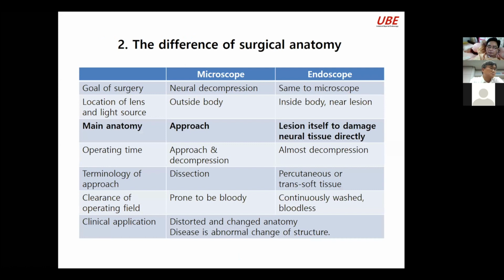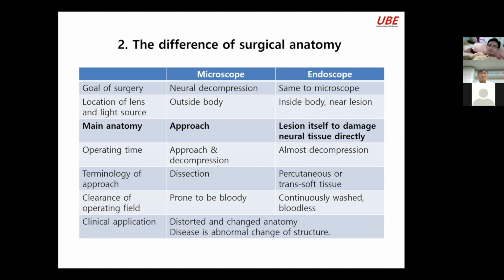The second content is the difference of surgical anatomy. Between microsurgery and endoscopic surgery, the goal of surgery is the same, but the biggest difference is the location of the lens and light source. In microscopy, the lens is outside, but the endoscope is inside, near the lesion.